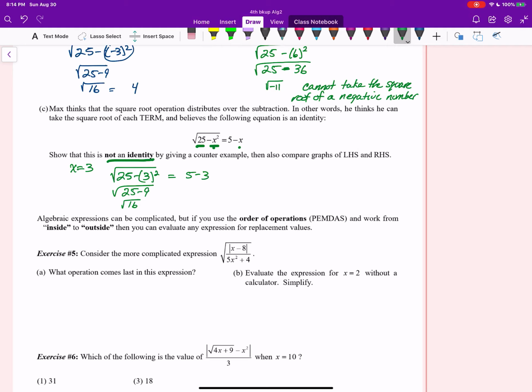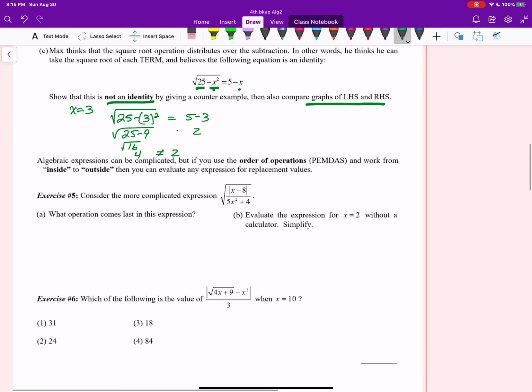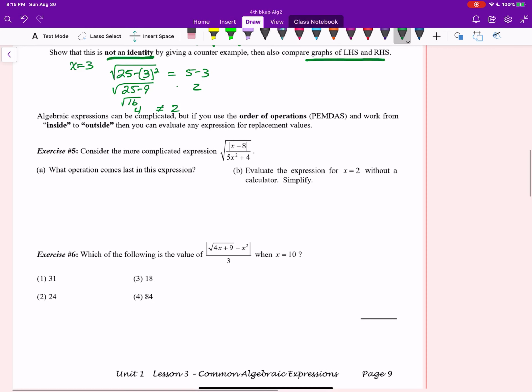The square root of 16 is 4. 4 does not equal 2. So there's our counter example. Hopefully tomorrow we will look at their graphs on the graphing calculator.